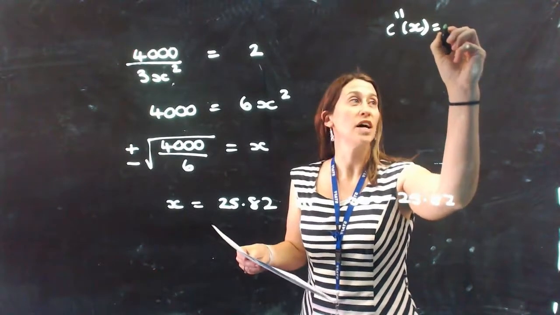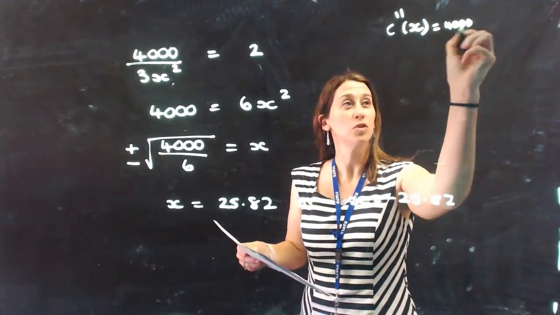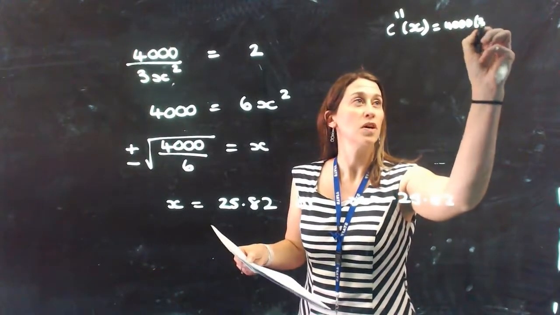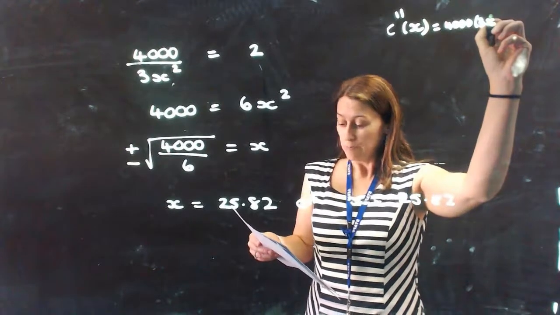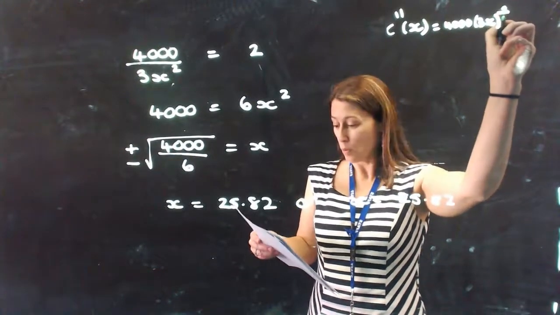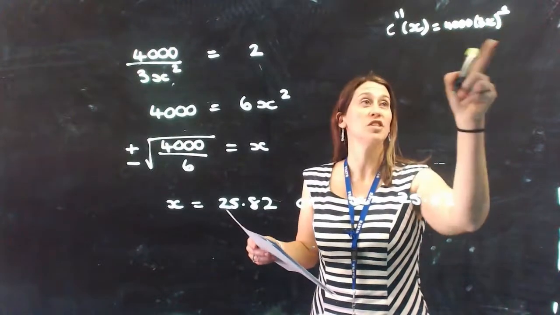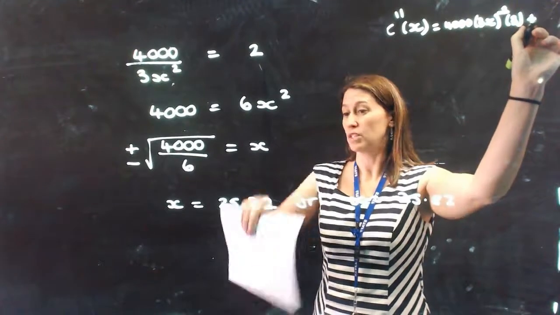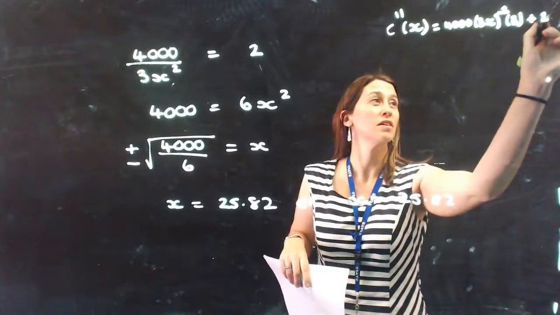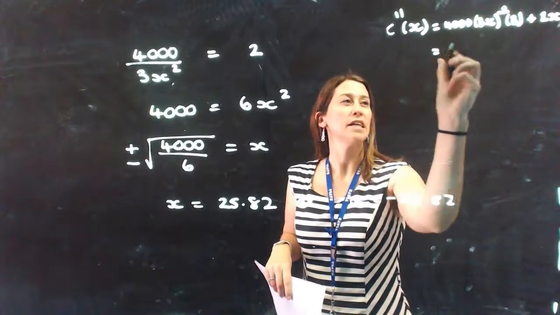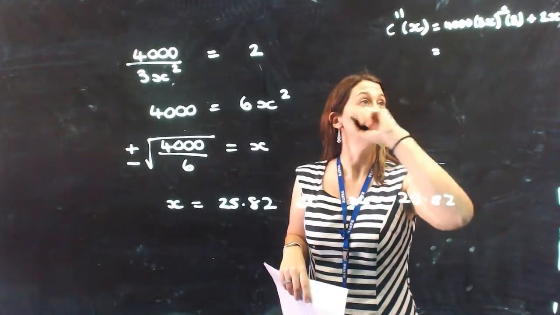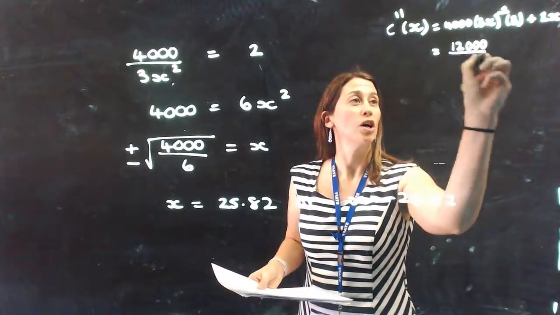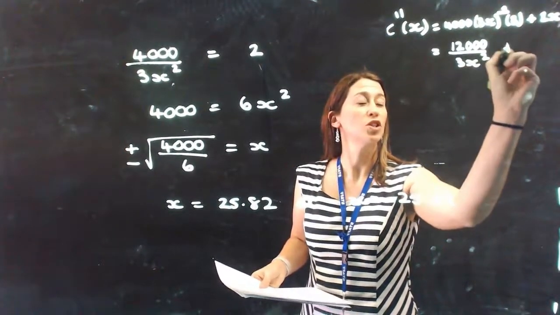It becomes 4,000 over 3x squared, multiplied by 3 times 2x, plus 2x gives 2. Rewriting that nicely gives 3 lots of 4, 12,000 over 3x cubed.